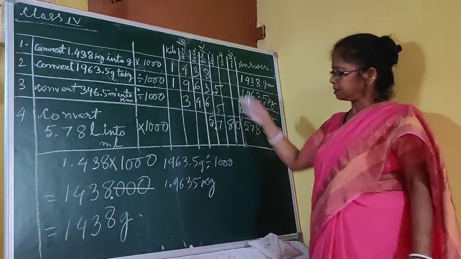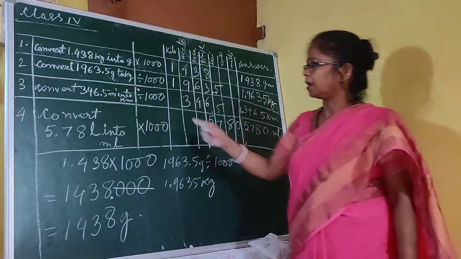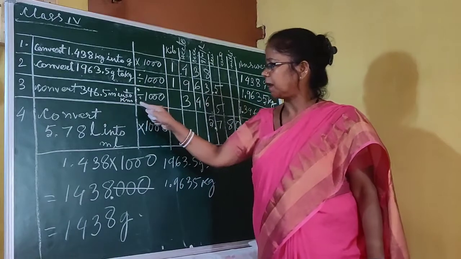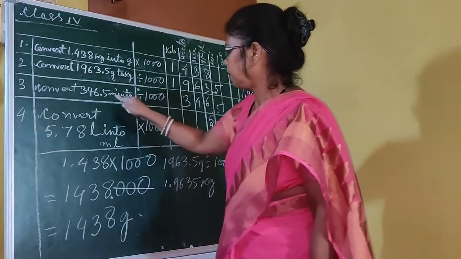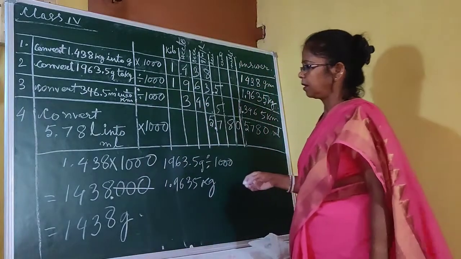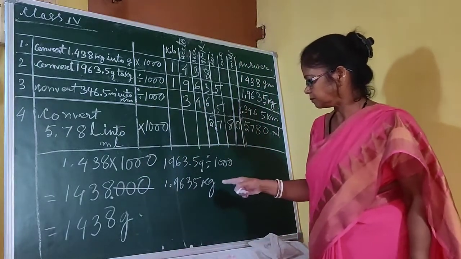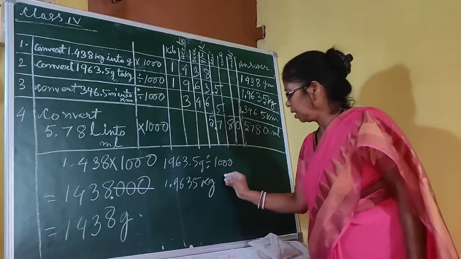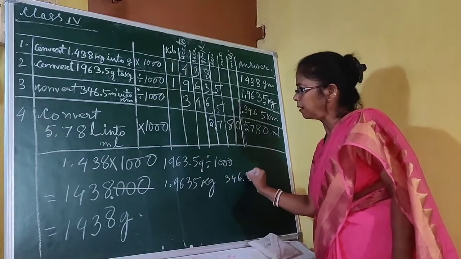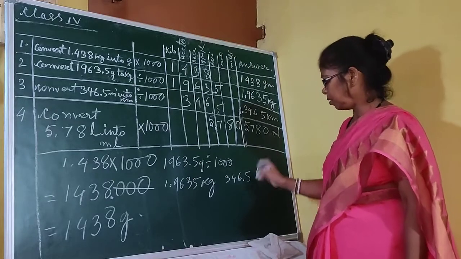And here the same thing I am explaining. So it is meter to kilometer. Meter into kilometer, smaller unit to bigger unit, you have to divide. So the same, 346.5 meter to kilometer.